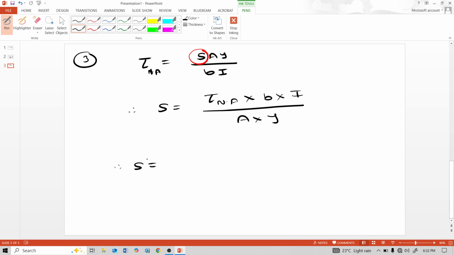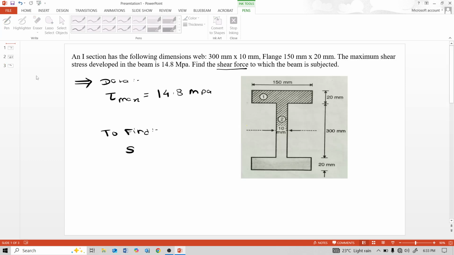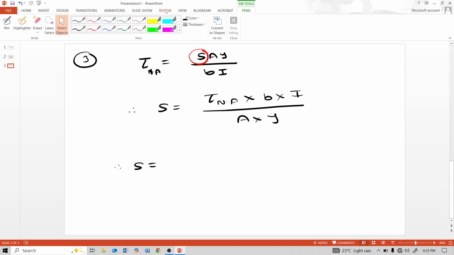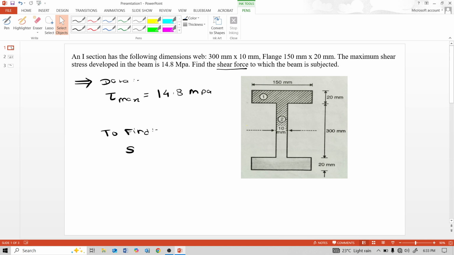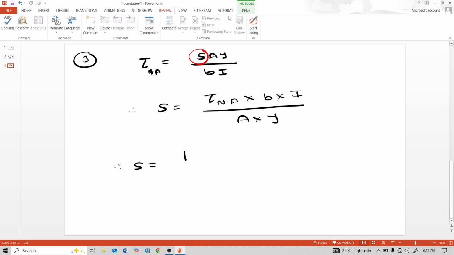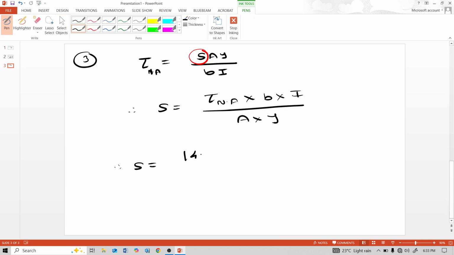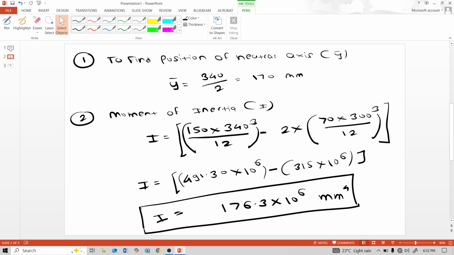So shear force is equal to tau neutral axis, this 14.8 MPa, multiplied by B, where B is width.